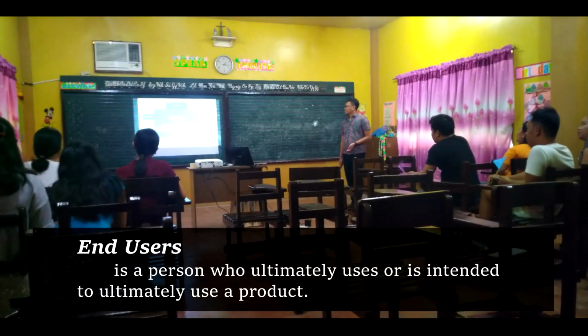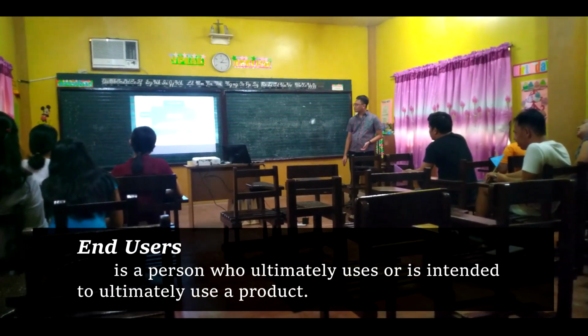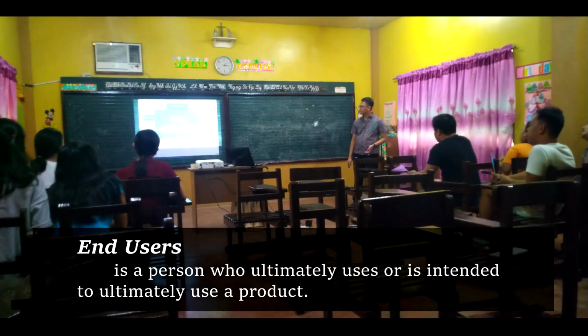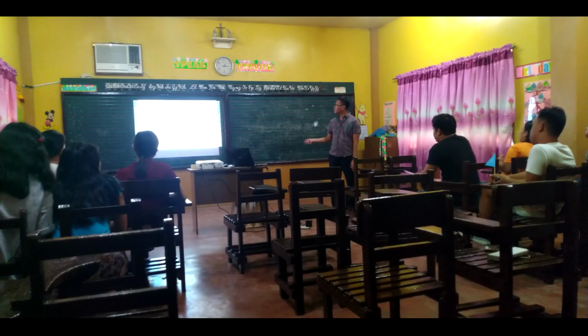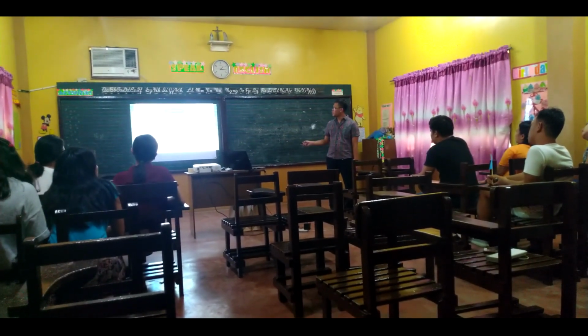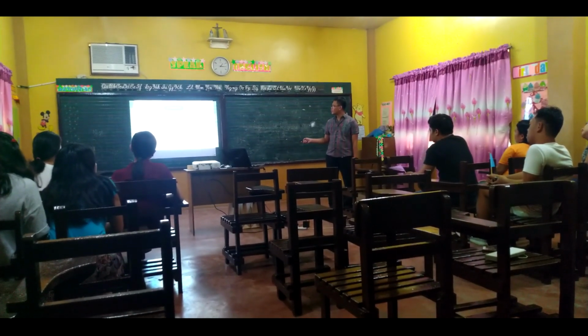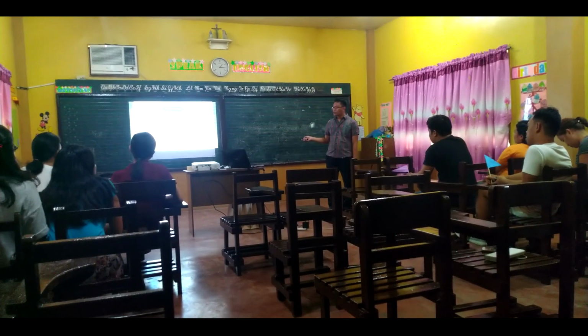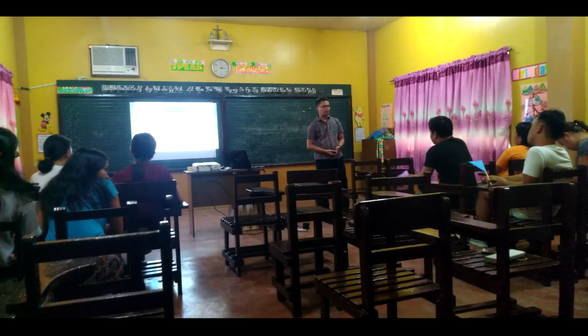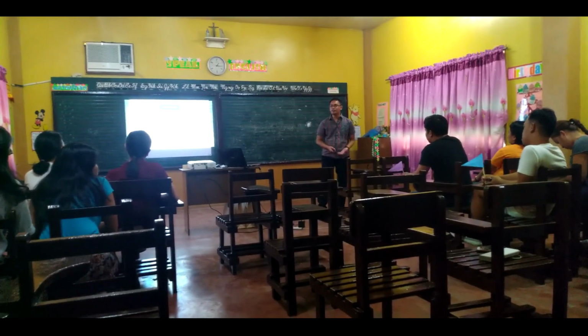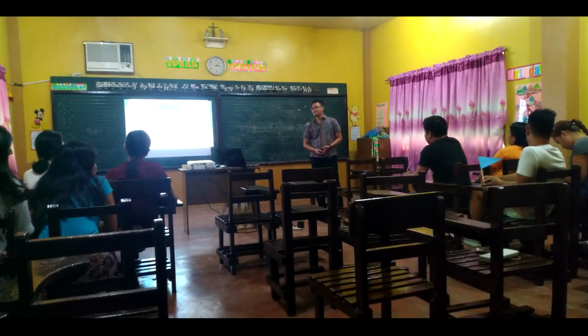An end user is a person who uses or is intended to use a product. Very good. The programmers create the application software and give it to the end users so they can make use of it. Just like us, teachers, we are end users.